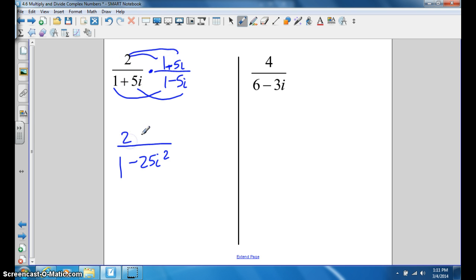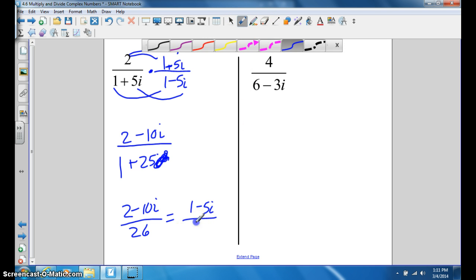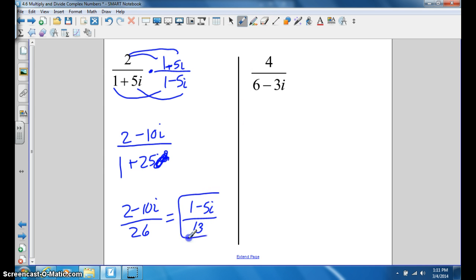So we'll have 2 minus 10i. So i squared is negative 1, so we change that. So we have 2 minus 10i all over 26. And we can factor out a 2 from each term in here, so we are left with 1 minus 5i all over 13. So we just have to factor out a 2 from each term to get to this.